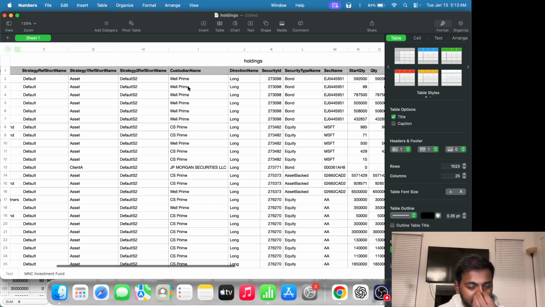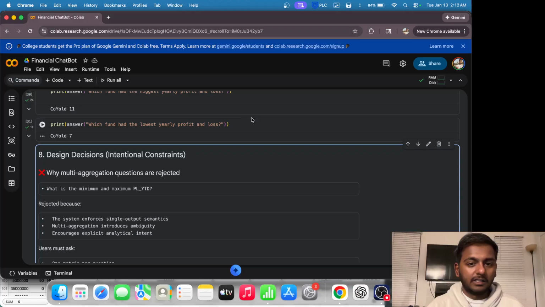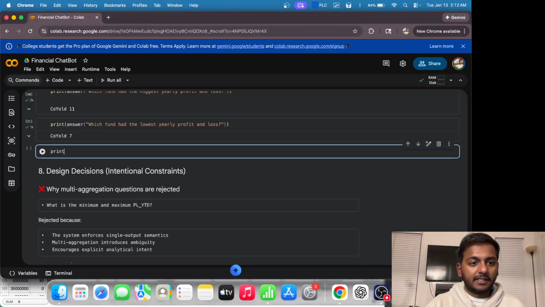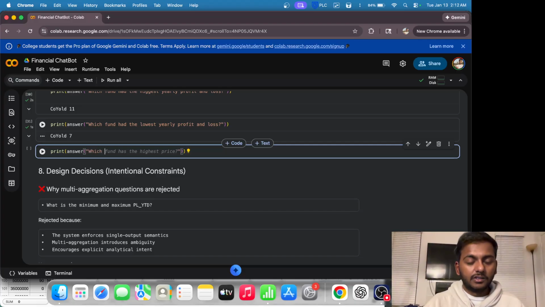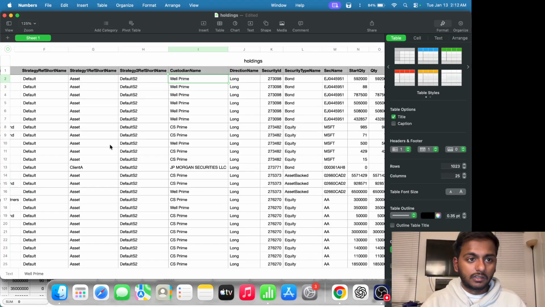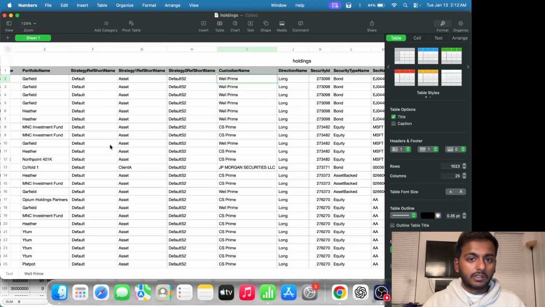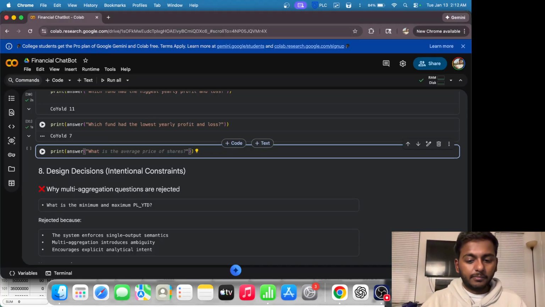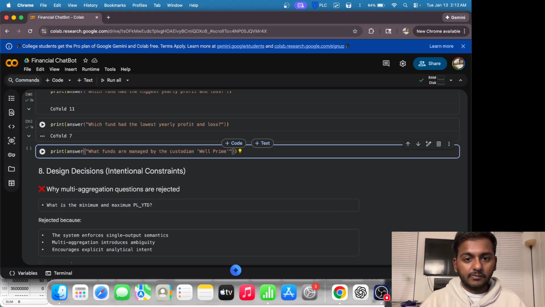Okay, so I have defined custodian name as well. So maybe if I ask something like, print answer, what funds are managed by the custodian Belprime?